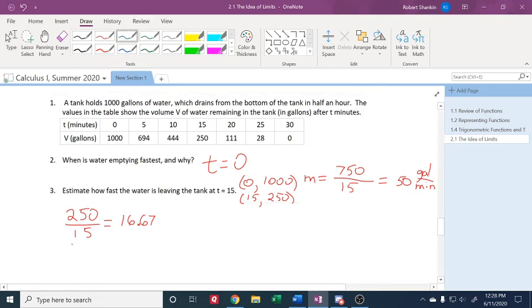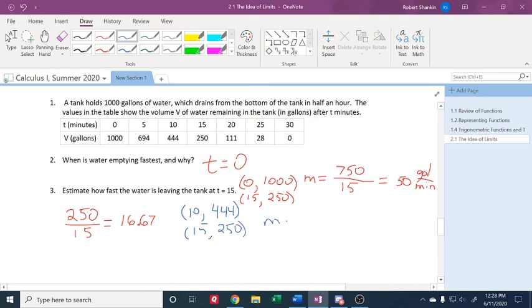We'll take these two points, (10, 444) to (15, 250).